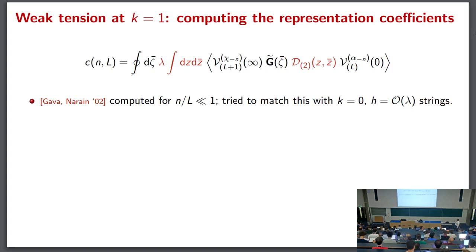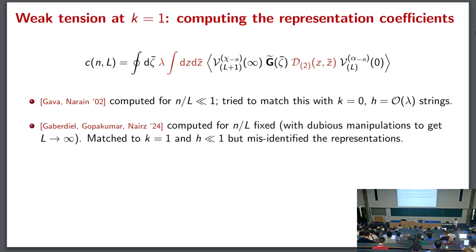And also they were trying to match with the wrong theory. Now we know they were trying to match with the theory at k equal to 0, which is not exactly the orbifold. It was redone very recently by Gaberdiel, Gopakumar, Pakman, and Naers. They computed for n over L fixed, so that's what you need. There are some manipulations that don't look quite correct when they try to take the limit L to infinity, but one way or another they get a result that seems to be correct.